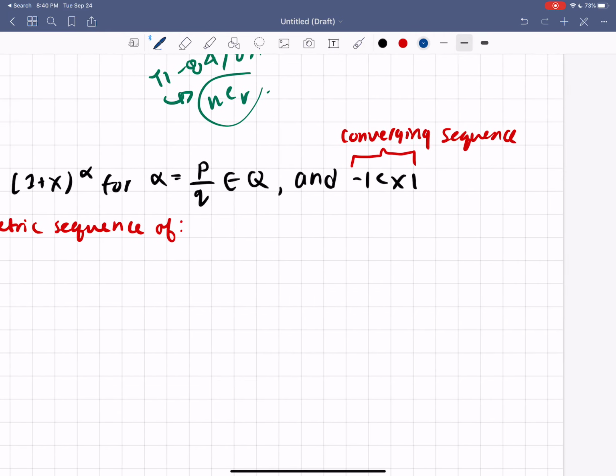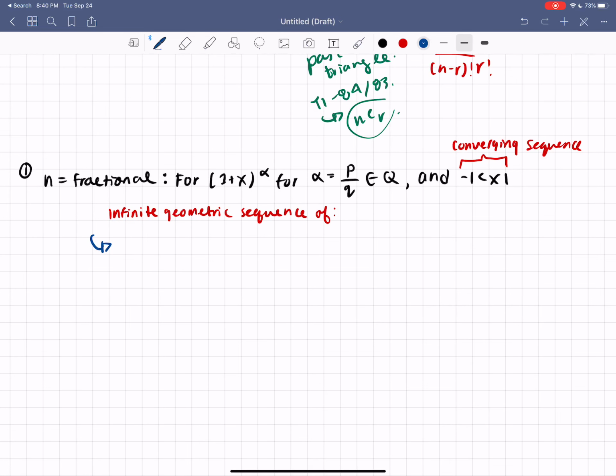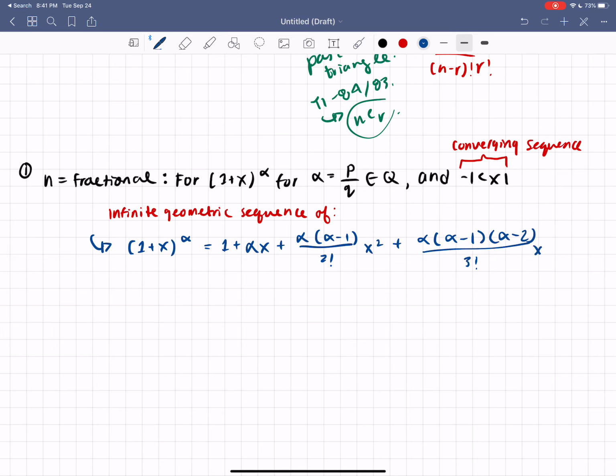It's given by the infinite geometric sequence. So (1 plus x) to the alpha is simply 1 plus alpha x plus alpha times (alpha minus 1) over 2 factorial x squared plus alpha times (alpha minus 1) times (alpha minus 2) over 3 factorial x cubed plus, and then the generalization comes in.